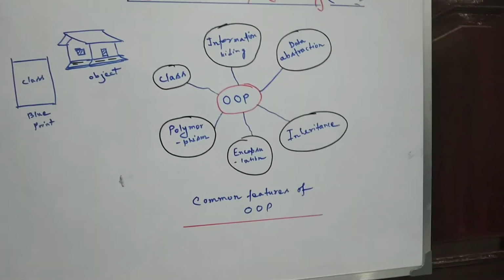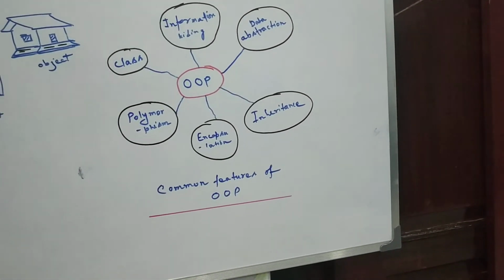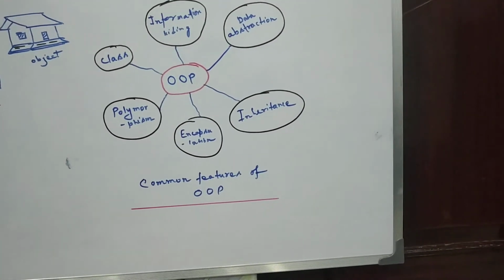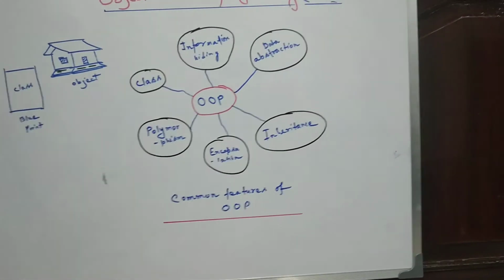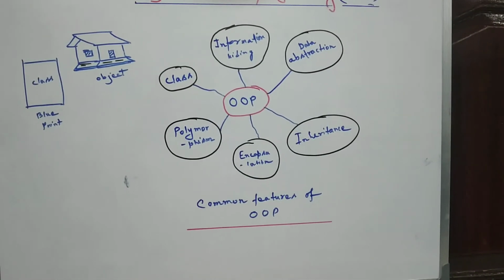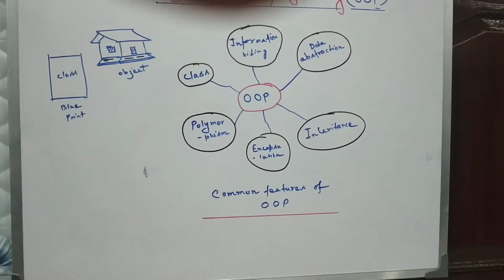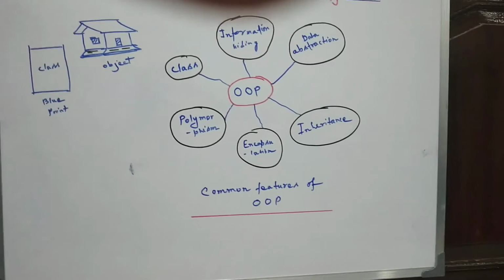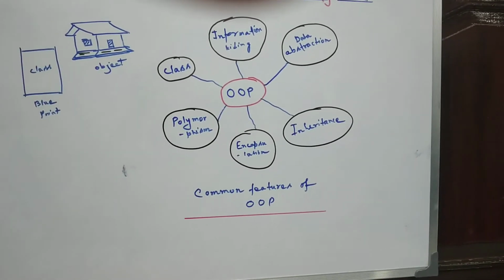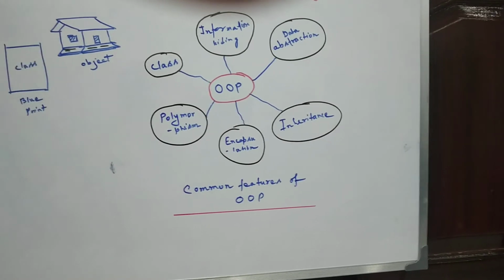Now inheritance. Inheritance means getting something from your ancestor, or receiving some behavior, some character or anything from your ancestor is known as inheritance. Suppose a boy has some habit like his father.